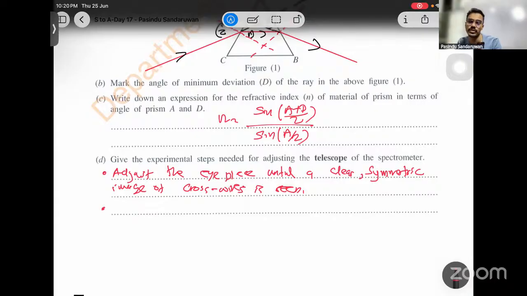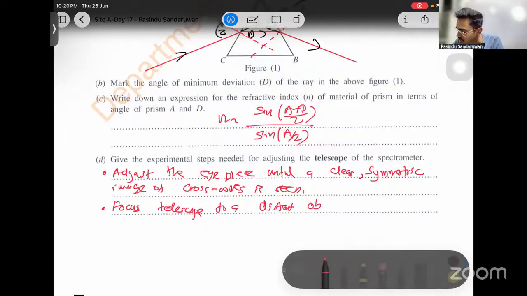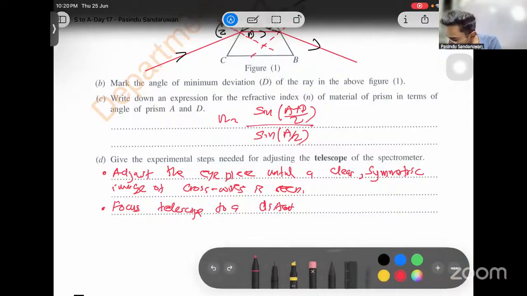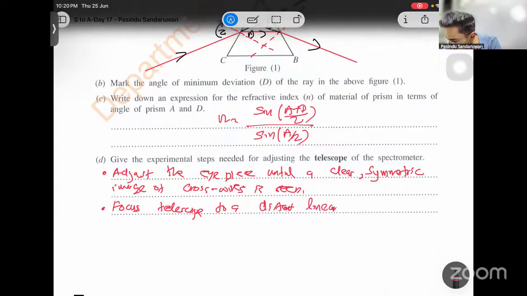For that, we have to focus it to a distant object. Focus the telescope to a distant linear object and adjust the objective piece.